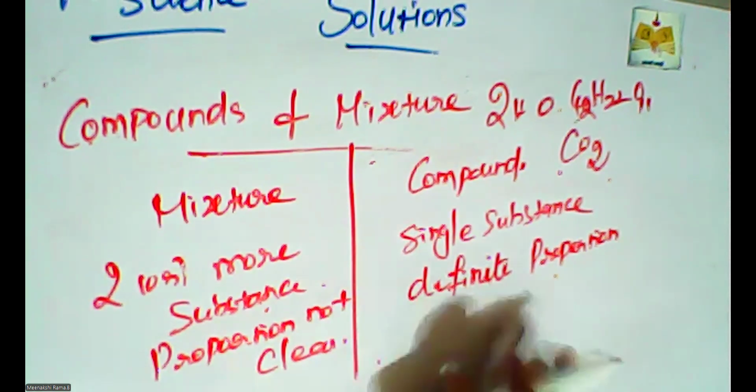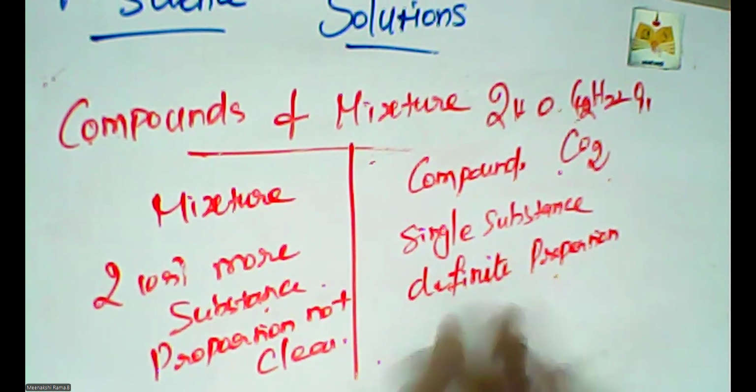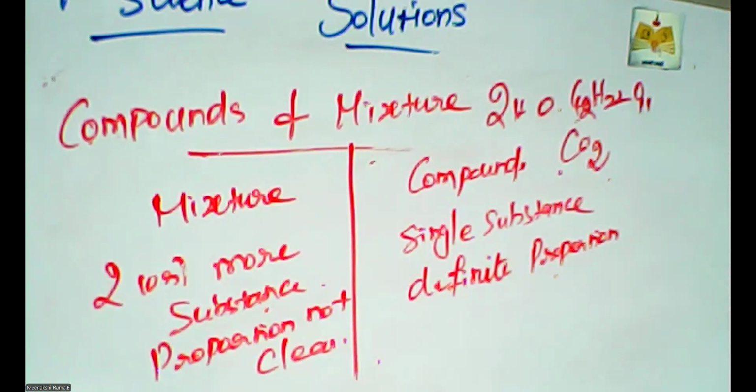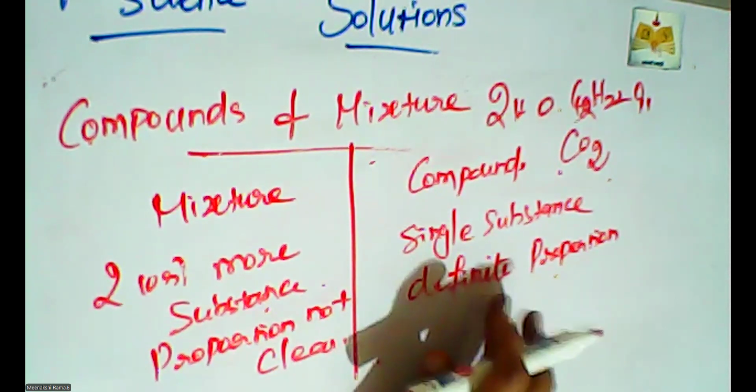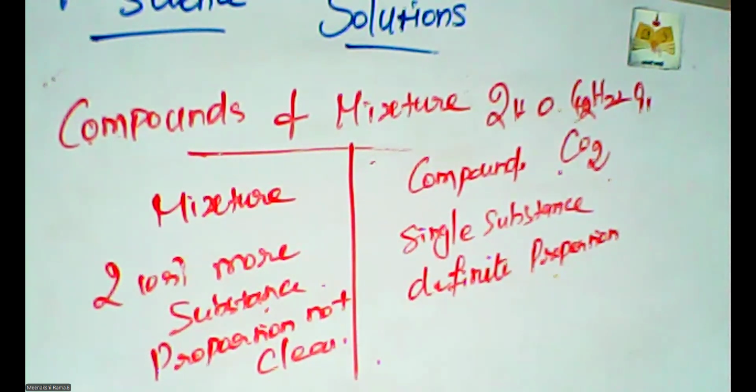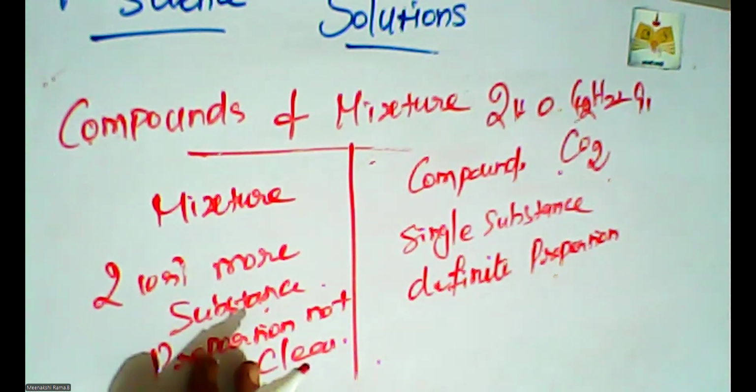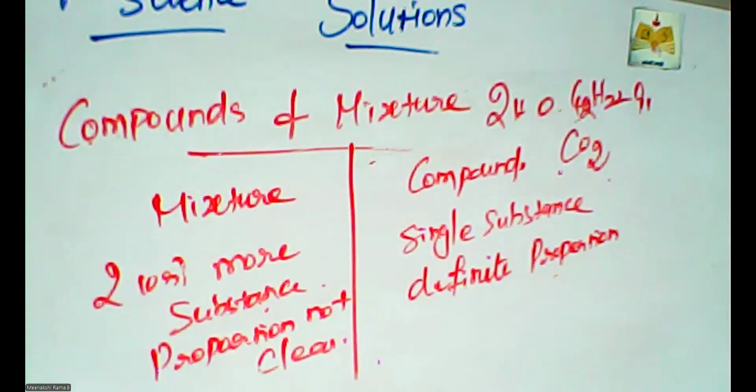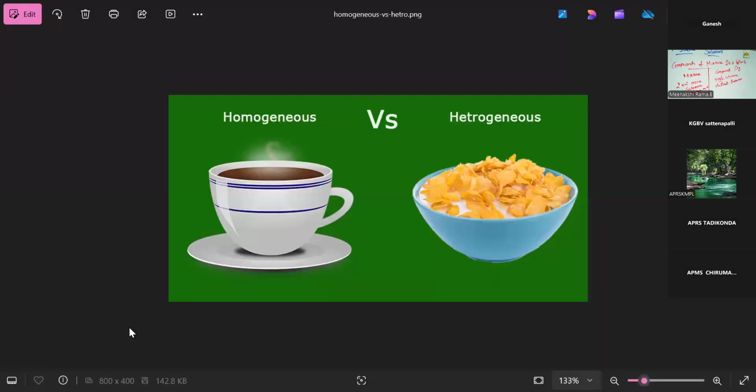But coffee: can I take one tumbler of coffee and separate the coffee powder and the milk? Never. So it is not easy to separate those components. But in a mixture the components are easy to separate. These are all examples of the difference between compound and mixture.